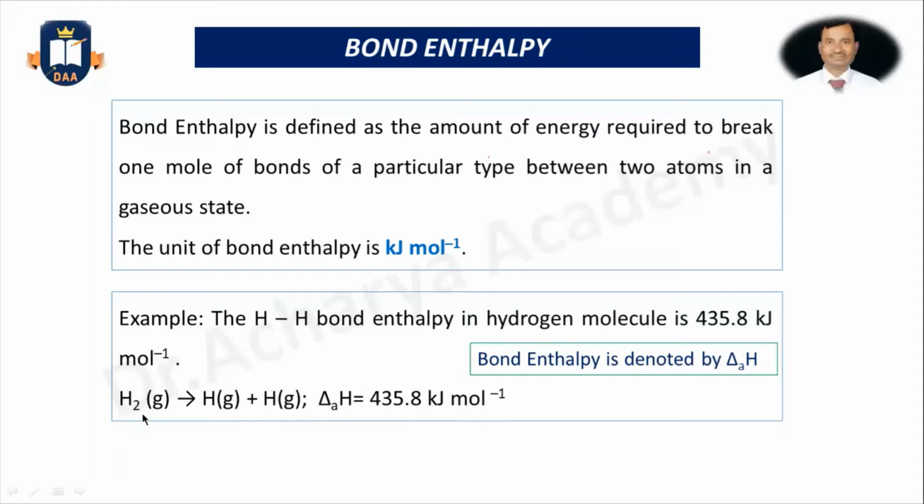You see, H2 in gaseous form needs to break to form 2 hydrogen atoms in gaseous form. It needs the energy 435.8 kilojoule, and so its bond enthalpy delta H is equal to 435.8 kilojoule per mole.